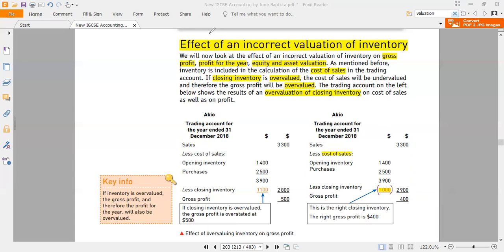And when you subtract it from 3300, 3300 minus 2900, your gross profit is 400. Okay, so this is 400. But now the closing inventory is overvalued. The gross profit is now overvalued. How much is it overvalued? 100.